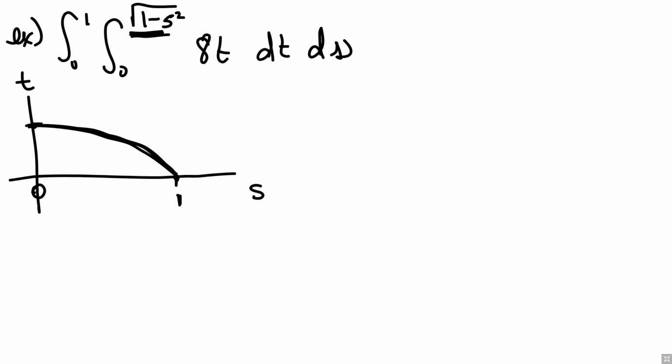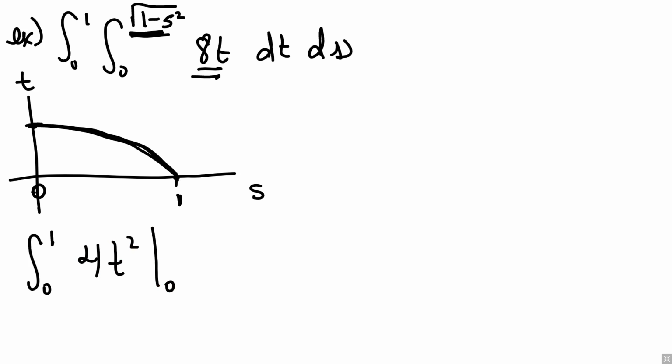All right, so let's do the integral. So we're going to end up with the integral from 0 to 1. All right, so what's the antiderivative of 8t? Okay, so we're going to have 4t squared.